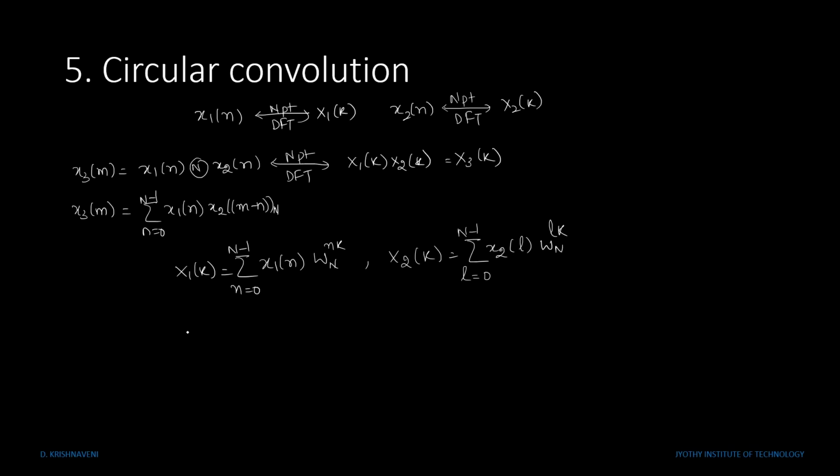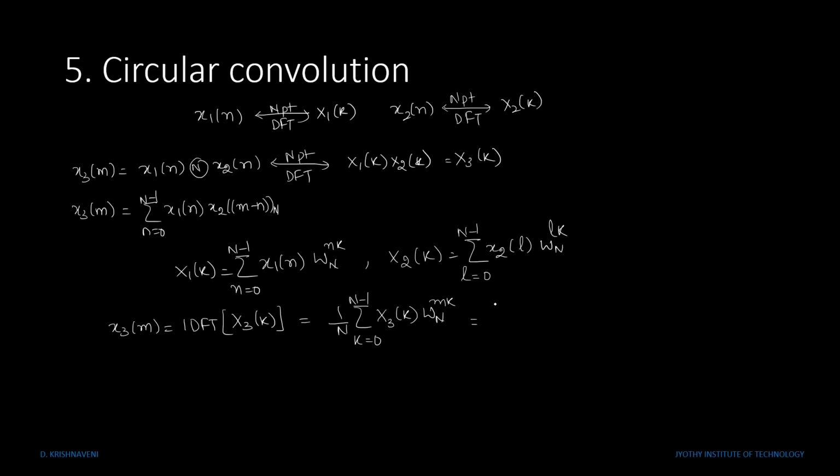Then we have x3 of k as x1 of k into x2 of k. So we'll find out x3 of m, which is the IDFT of x3 of k. So 1 by n summation k equal to 0 to n minus 1 x3 of k wn to the power of, I have used m here, so mk.